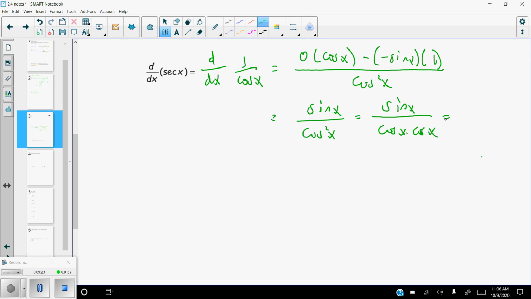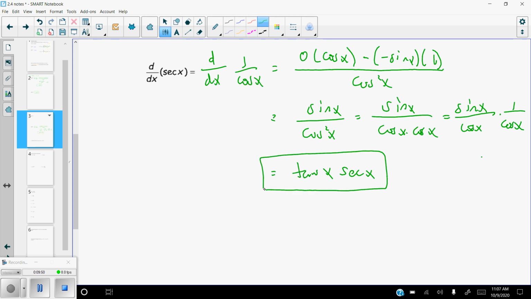And the reason we want to do that is because now I can split this to be sine of x over cosine of x times 1 over cosine of x. And sine of x over cosine of x is tangent x. 1 over cosine of x is secant x. So the derivative of secant x is tangent x secant x, or secant x tangent x. The order doesn't matter because they're being multiplied.